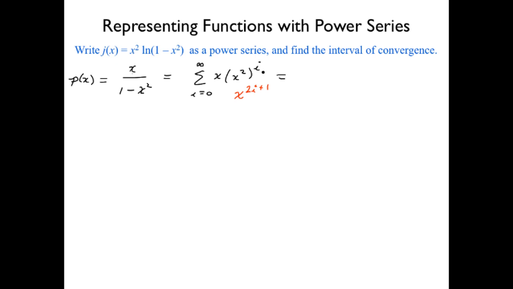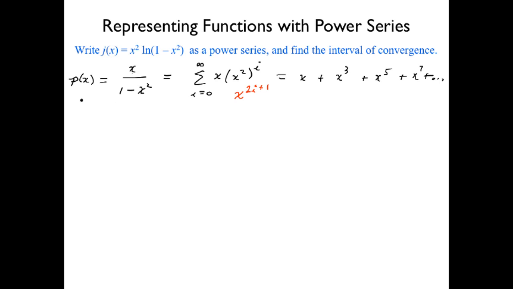So when i is 0, we get x, right? When i is 1, we get x cubed. i is 2, one more. Good so far? And then what did we want?